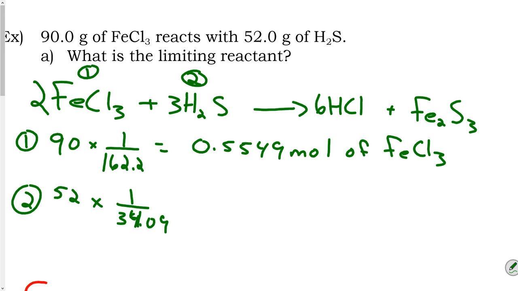Let me make sure I got that right. That's 3 sulfurs, correct? 1 sulfur, but the 3's in front. You don't use the numbers up front, just the little subscripts: 2 hydrogens and 1 sulfur.